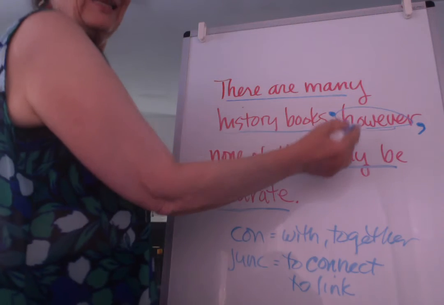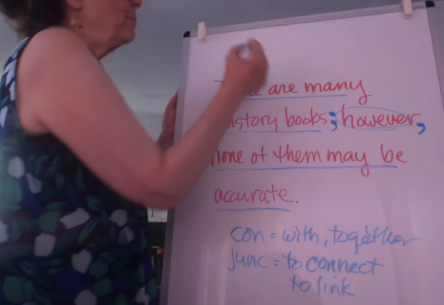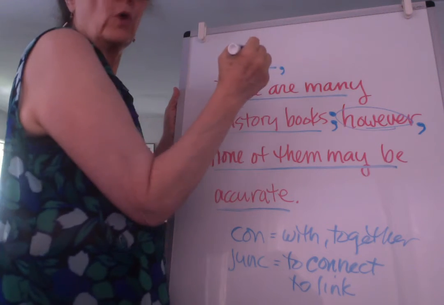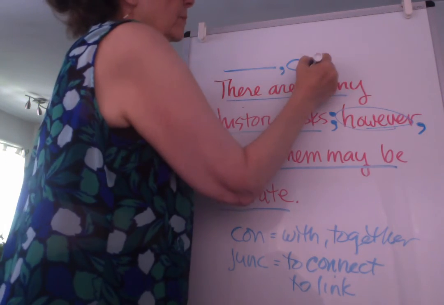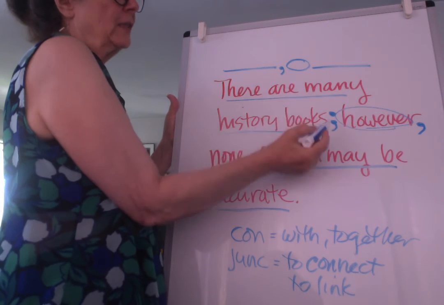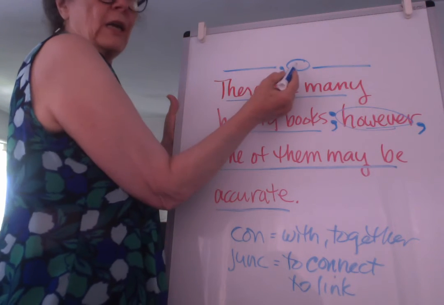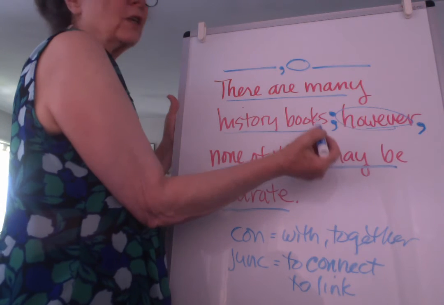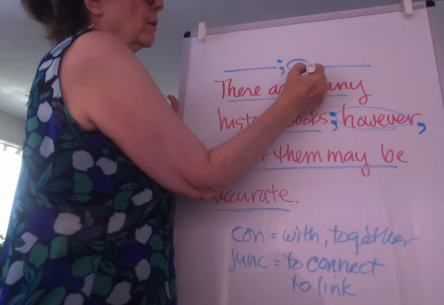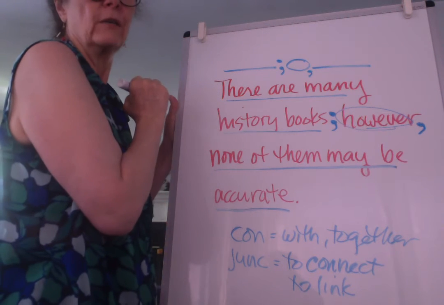So this conjunctive adverb really comes in the same place as a coordinating conjunction in a compound sentence, right? Except instead of putting a comma there, like we do with a coordinating conjunction, if it's a conjunctive adverb, we have to put a semicolon in front, and a comma after it.